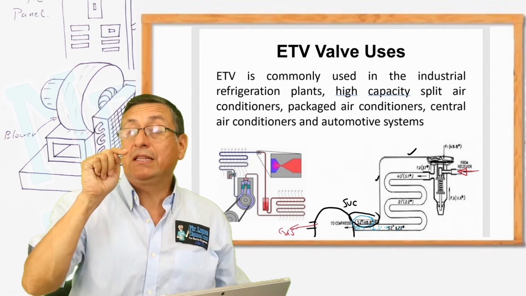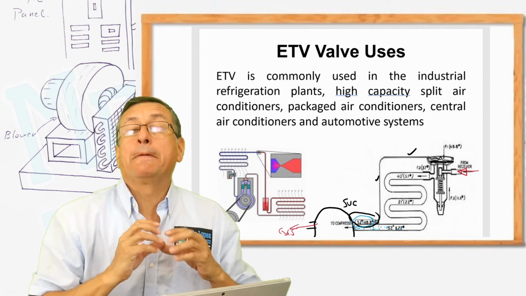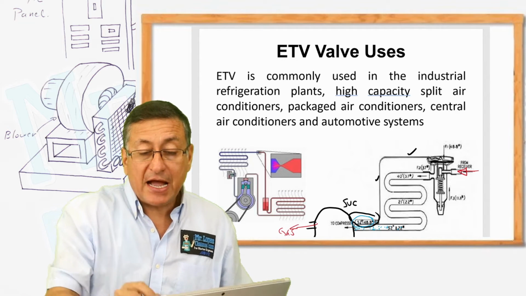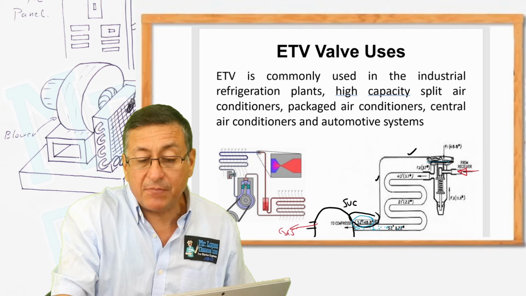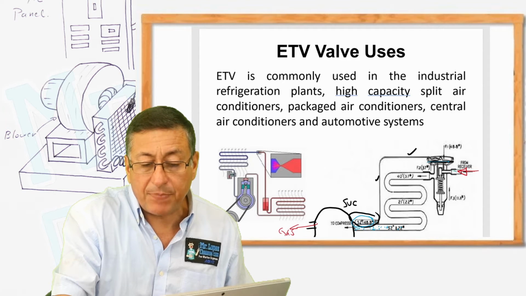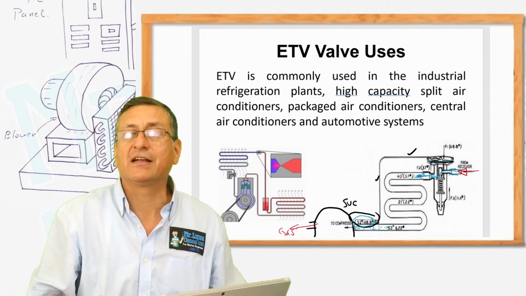With that temperature, the mercury inside the bulb expands and retracts, and this diaphragm expands and retracts. When this diaphragm expands, it opens the valve, and the refrigerant passes from this point and enters here at low pressure and low temperature, because the diameter over there is reduced dramatically in comparison with this diameter.